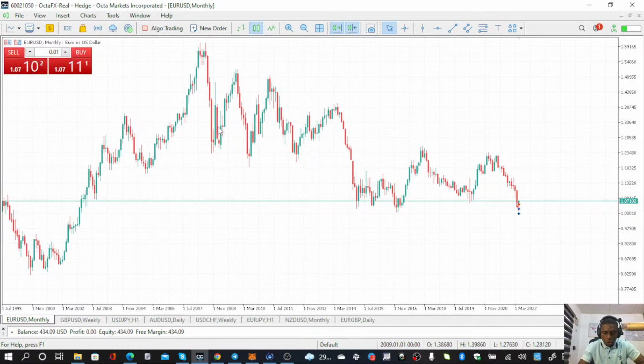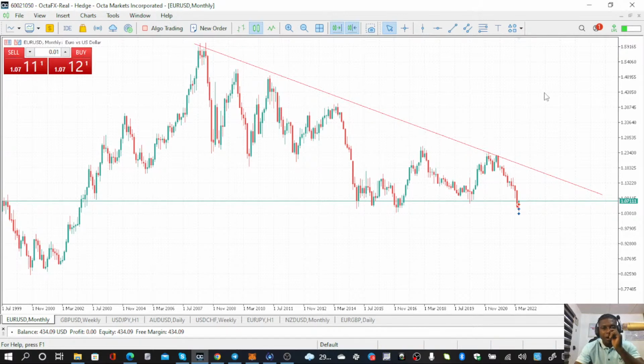The current market structure, as we can see, is obviously a downtrend.